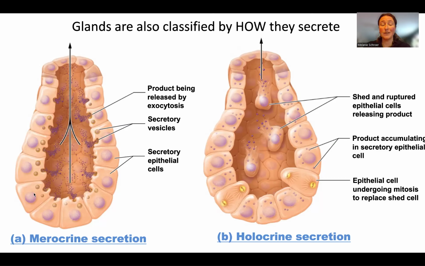The Golgi apparatus is making little vesicles, and those vesicles are opening up, releasing merely their contents. Holocrine secretion, the whole cell filled with all of its stuff, everything it needs, is secreted into the duct and up onto the surface or into the lumen. Okay, so merocrine merely secretes the contents, merely secretes. Holocrine, the whole cell is secreted.